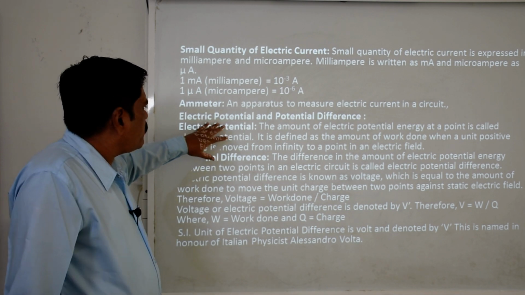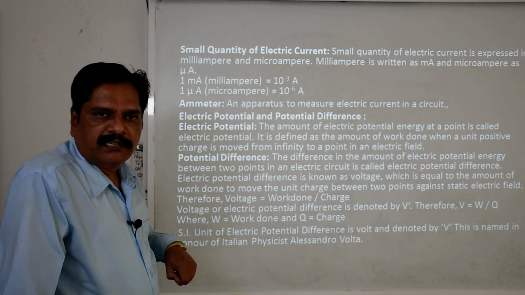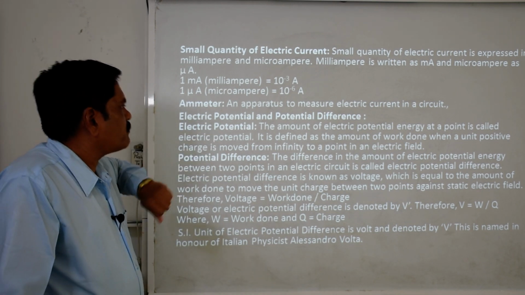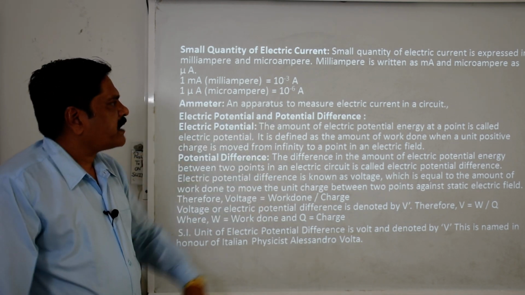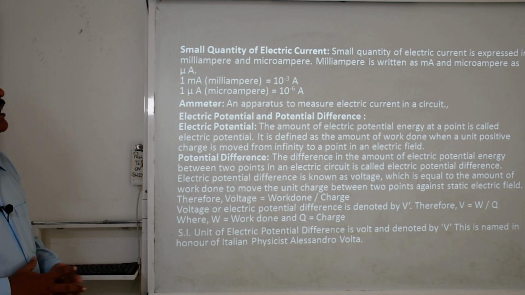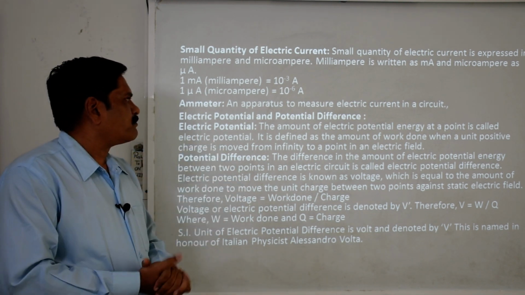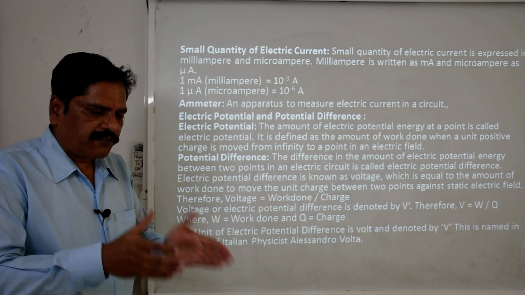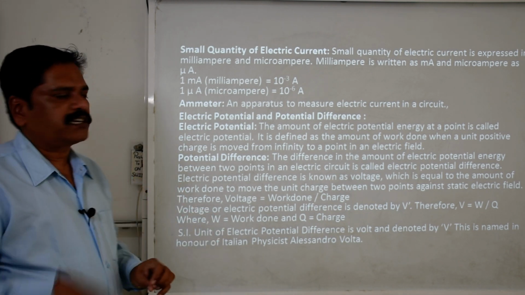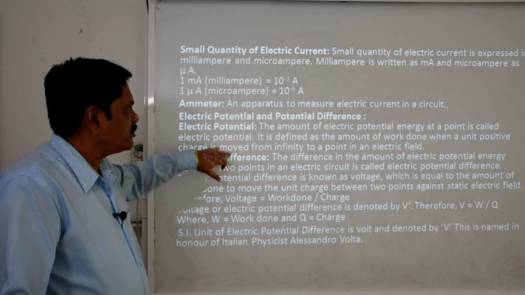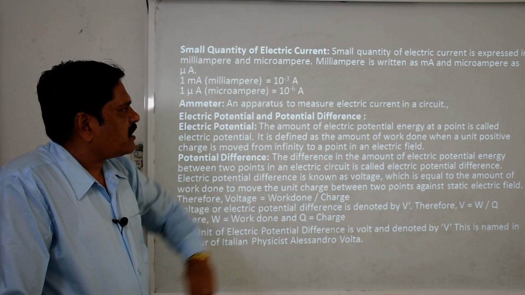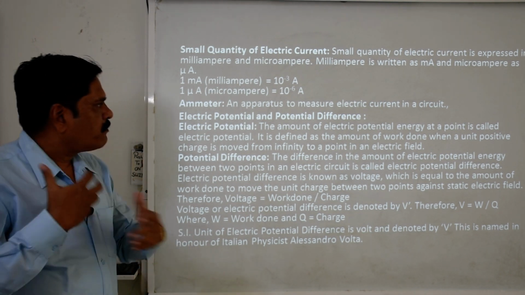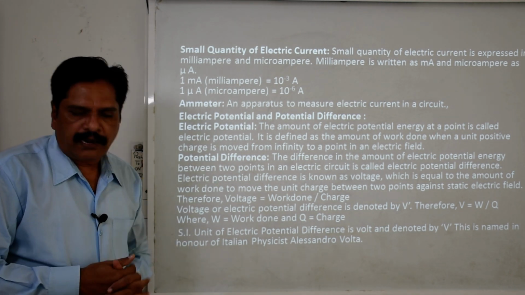Now here we are going to discuss the electric potential and the electric potential difference. Clear? So first of all, what is the electric potential? The amount of electric potential energy at a point is called the electric potential. It is defined as the amount of work done when a unit positive charge is moved from infinity to a point in an electric field.